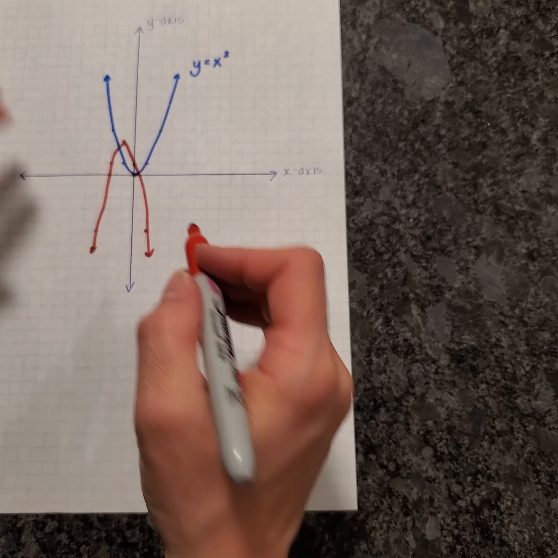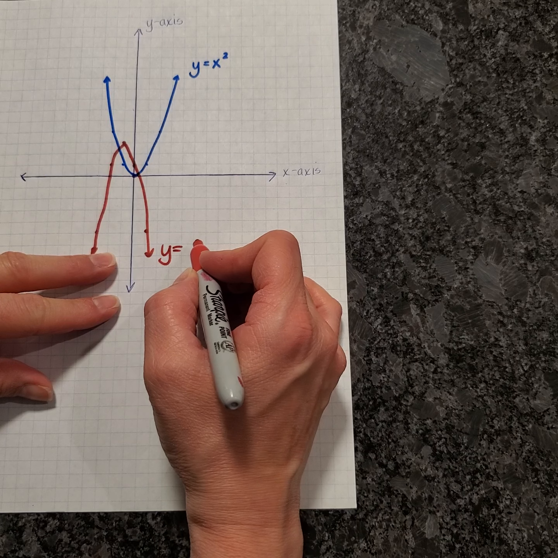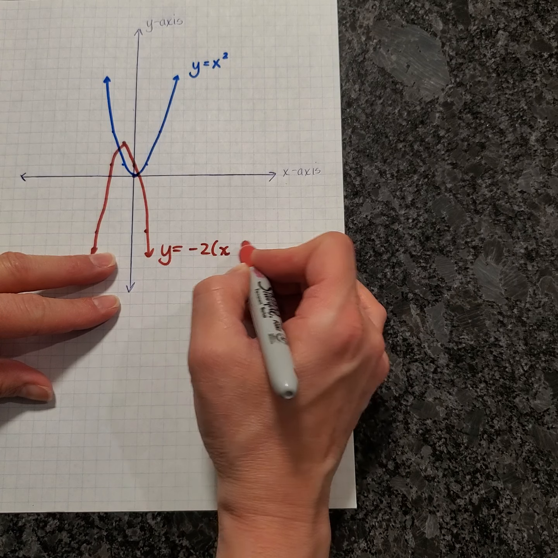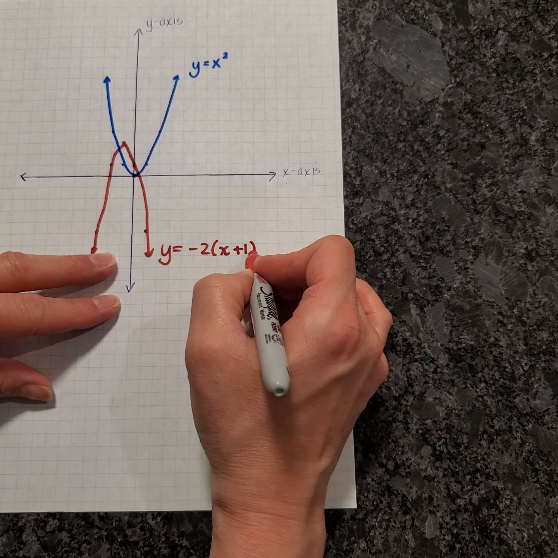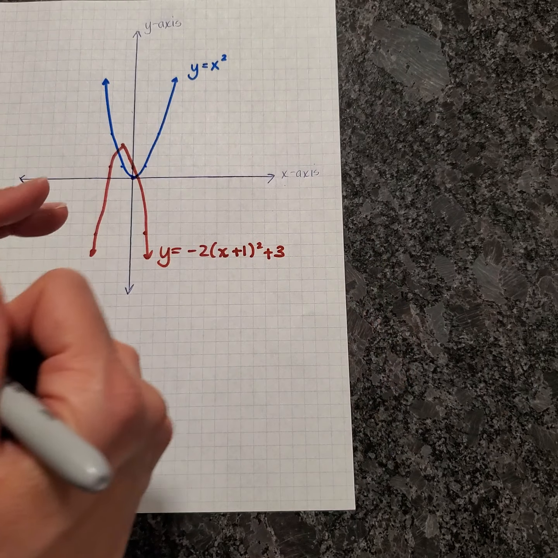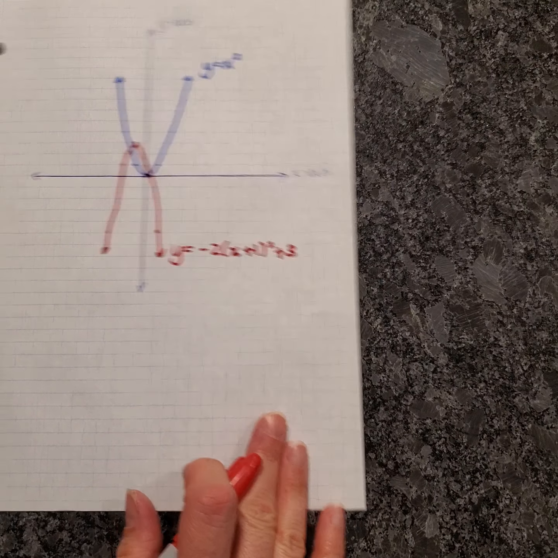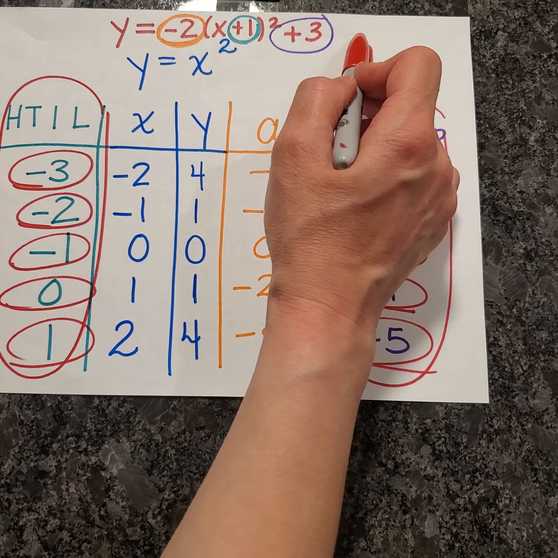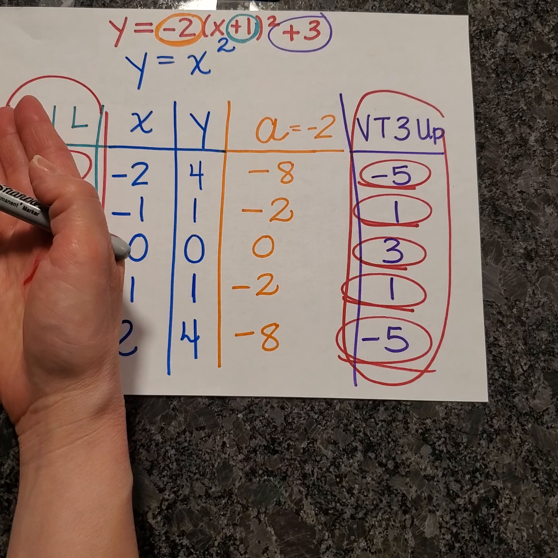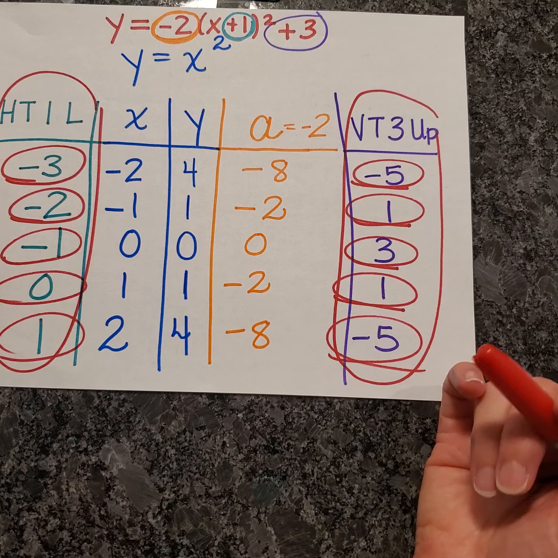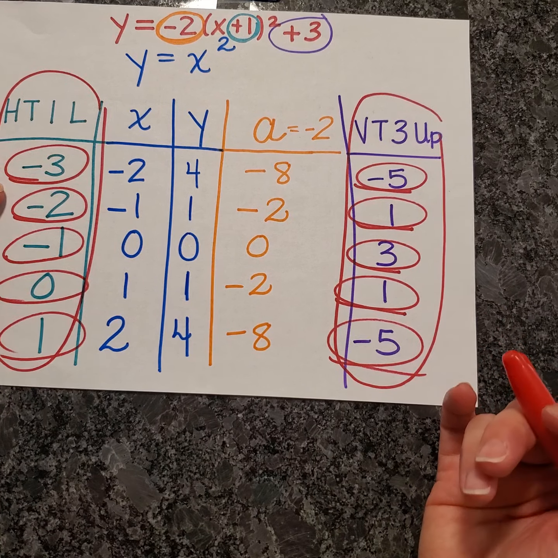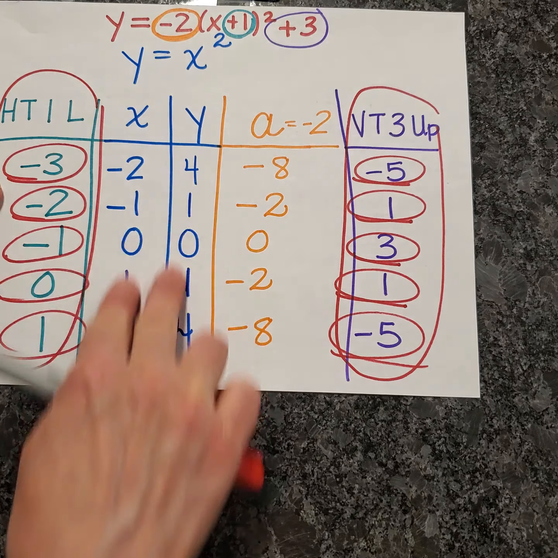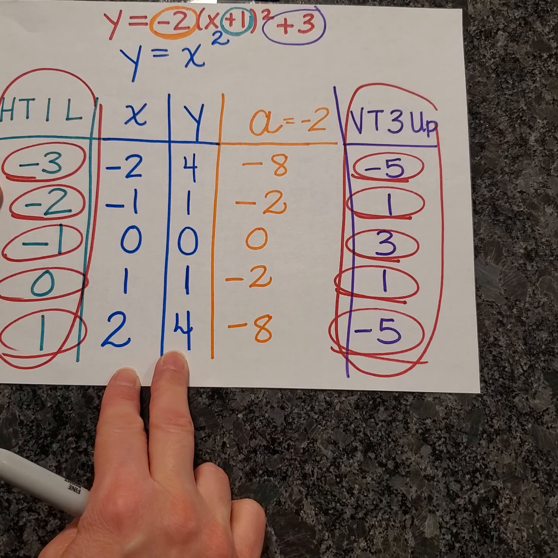And this is the graph of y equals -2(x + 1) squared plus 3. So in using the transformation table, I was able to see how each transformation impacted the ordered pairs of the quadratic relation. When you go to graph these, you're always going to have these as your starting columns.